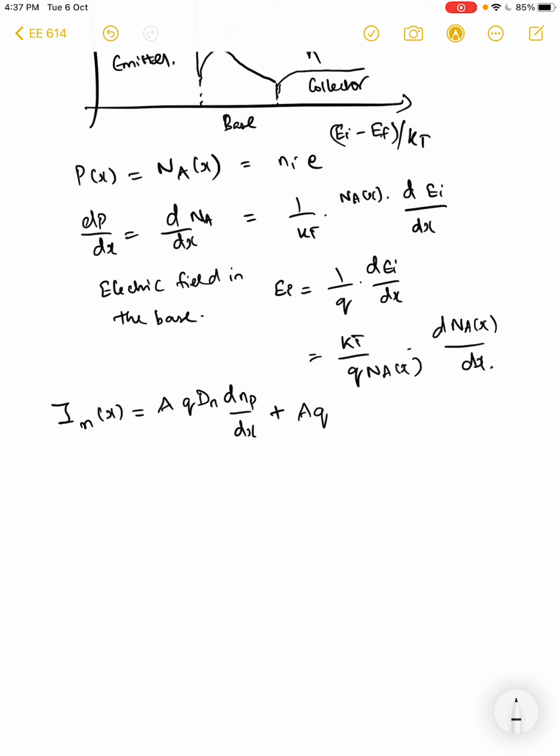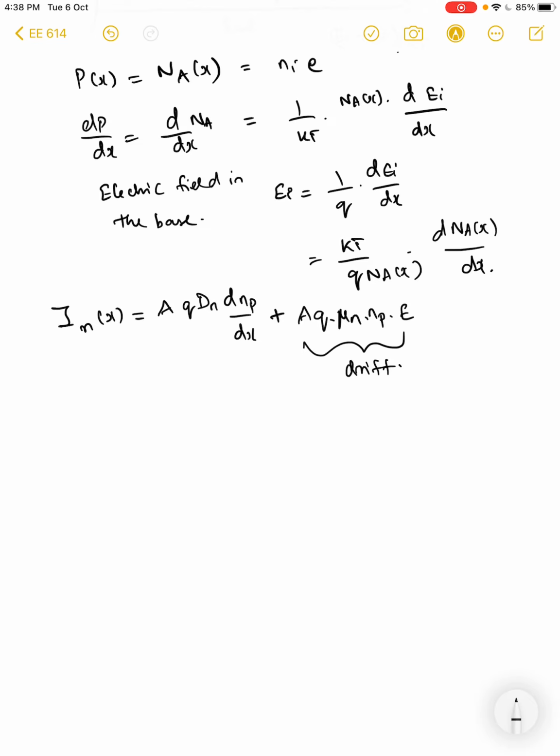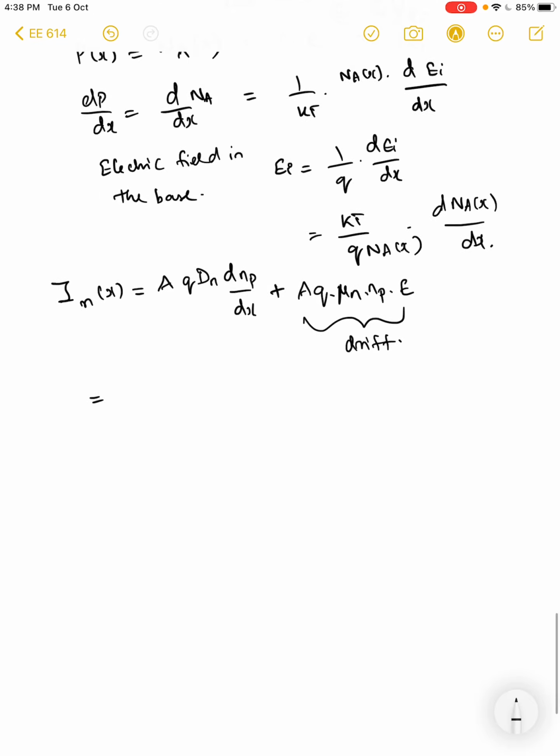So we can substitute this electric field.